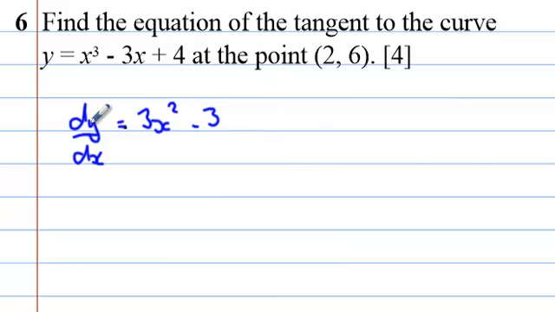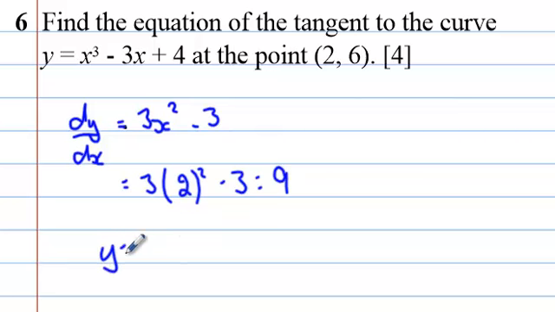We want that gradient at the point where x is 2, so if we substitute in x as 2, then we'll get 3 times 2 squared minus 3. 2 squared is 4, times 3 is 12, take away 3 is a gradient of 9 at that value.